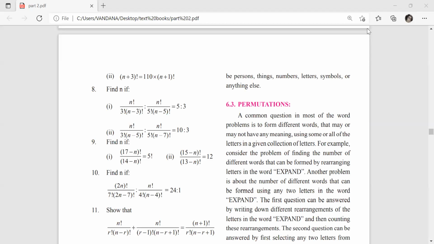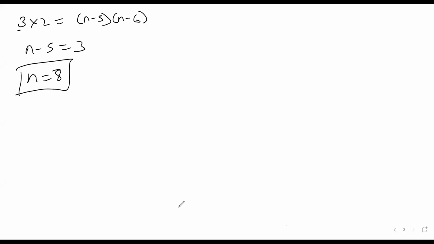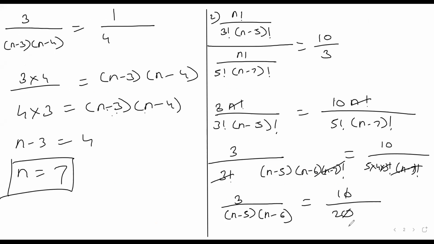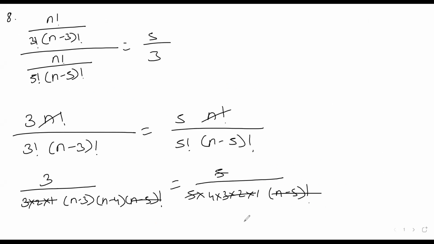Question number 9. Find n if 17 minus n factorial upon 14 minus n factorial is equal to 5 factorial.